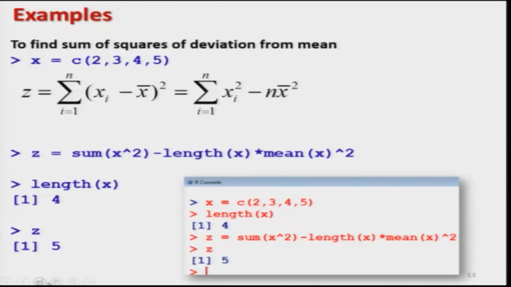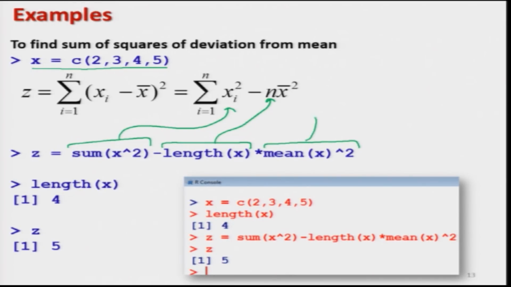So, now in case you try to do it on the R console, suppose I take the data set 2, 3, 4, 5. I have written sum of x square, which corresponds to this thing, length of x, which corresponds to n, and mean of x square, which corresponds to x bar square.